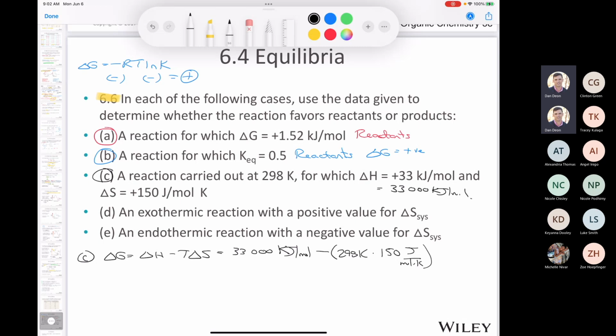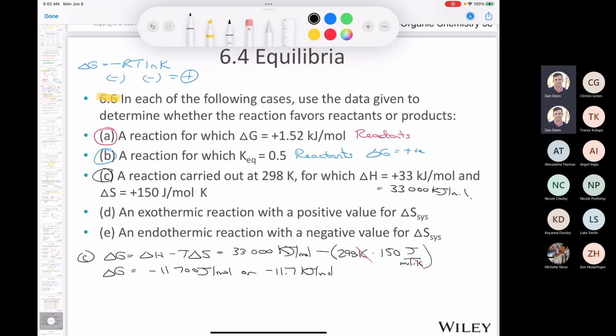So I got my calculator out here. We see that Kelvin and Kelvin cancel. And when we do that, we get that delta G is equal to negative 11,700 joules per mole, or negative 11.7 kilojoules per mole.